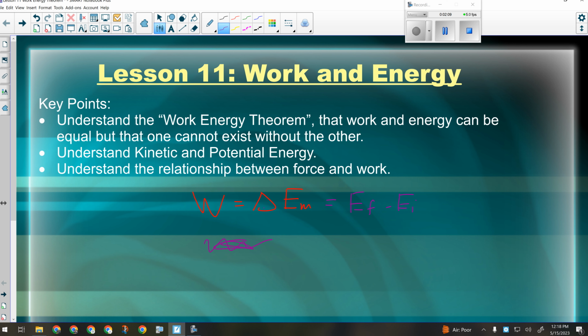We need to understand kinetic and potential energy, the two types of energy that make up mechanical energy, because mechanical energy is the sum of an object's potential and kinetic energy. Which is, again, something we learned in the first couple of days of this unit.